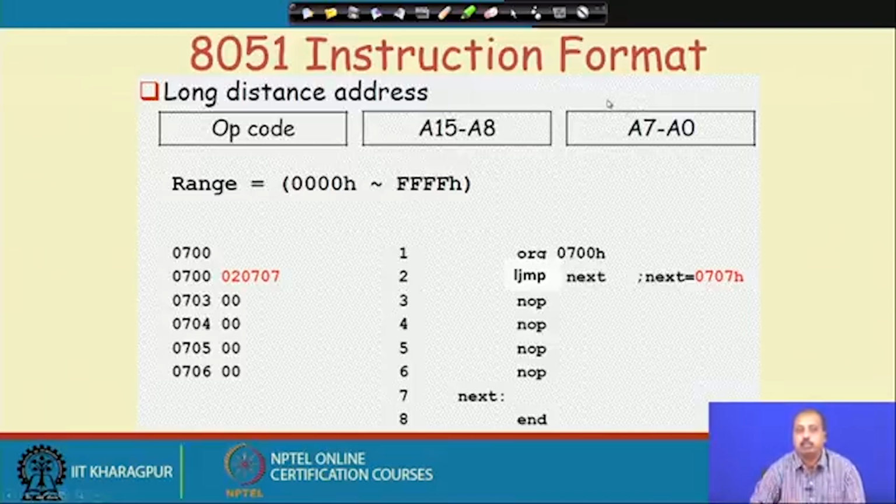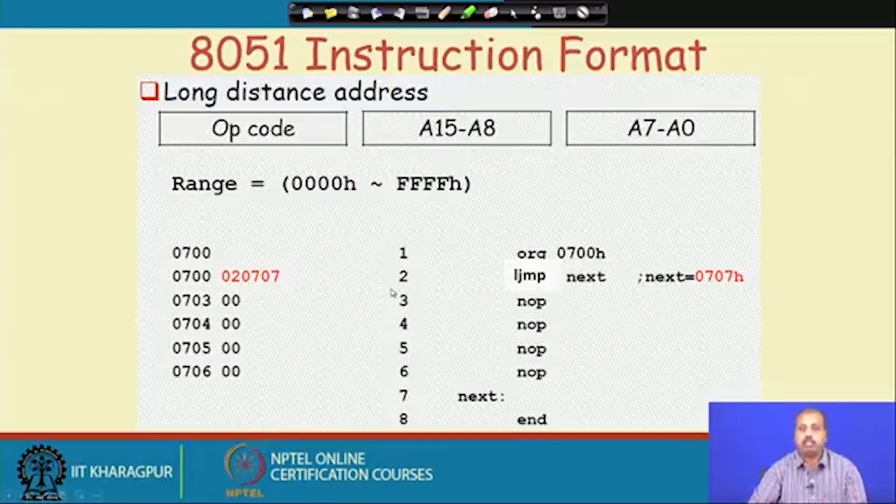So, you can branch across the total 64K address space that you have. The range is very high, all 0000 to FFFFH. When we say LJMP next, the next address is 0707 and the opcode is 02, and then whatever the address is will come here. That way this long address will be calculated.